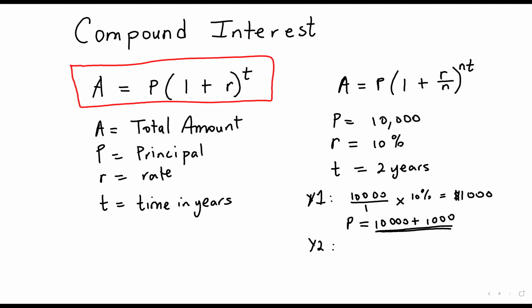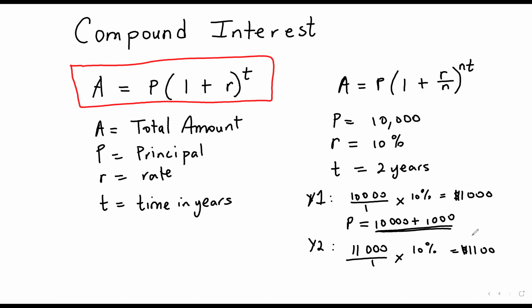So you'll do 11,000 times 10%, which is 1,100.